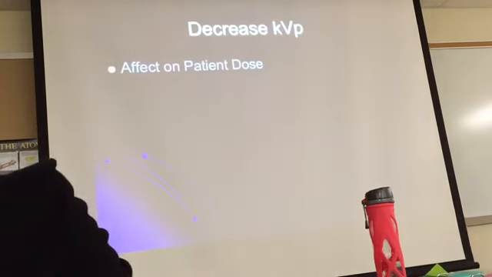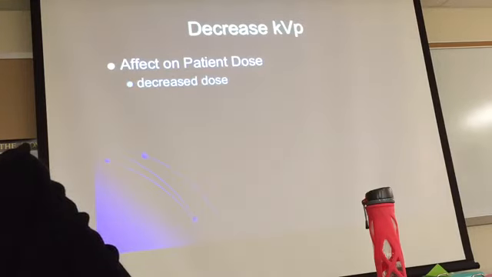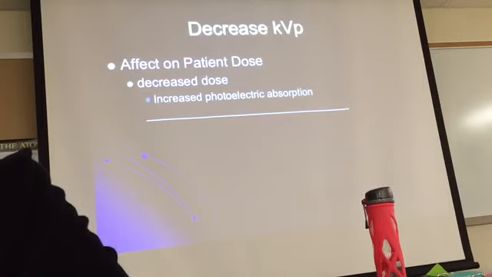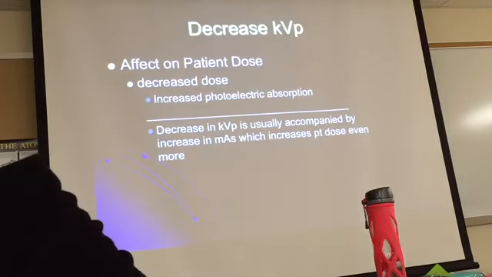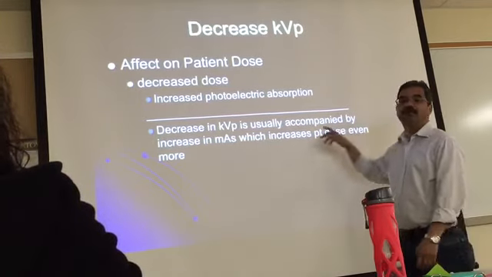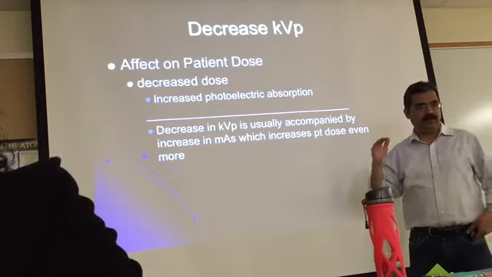Okay? Good. A few more things. Decreasing kVp, effect on patient dose, right? Decreased dose. Yeah, we agree on that. And why? Because you're going to increase photoelectric absorption. Decreasing kVp is usually accompanied by an increase in mAs, which increases patient dose even more, if you want to maintain the same density.